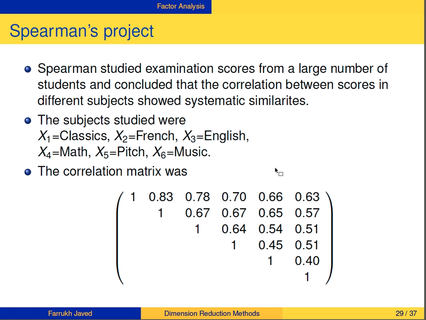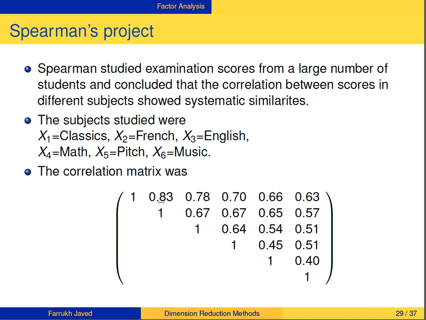So like here, he studied examination scores for a large number of students and concluded that the correlation between scores in different subjects showed systematic similarities. Like here, x1, x2, x3, x4, x5, x6 are the variables, and you see that some of the variables are highly correlated, some are less correlated. Like x1 is highly correlated with x2.